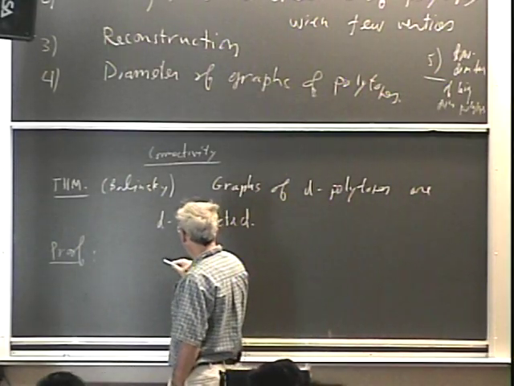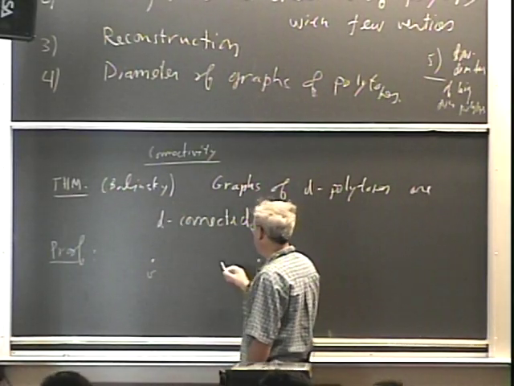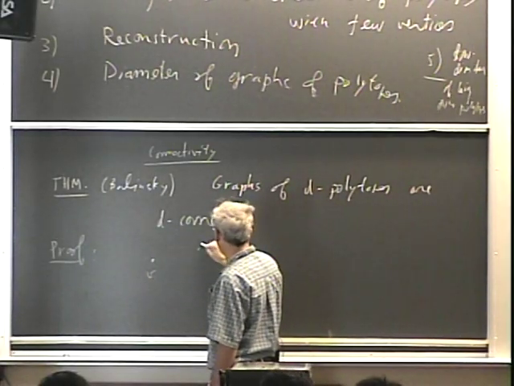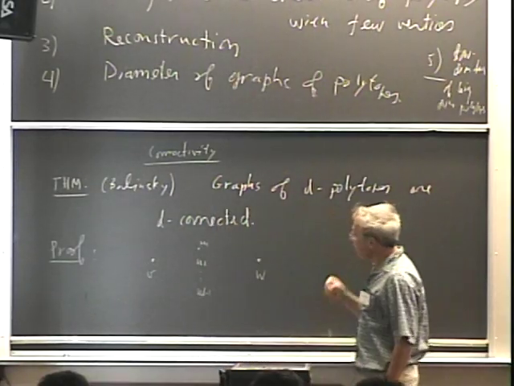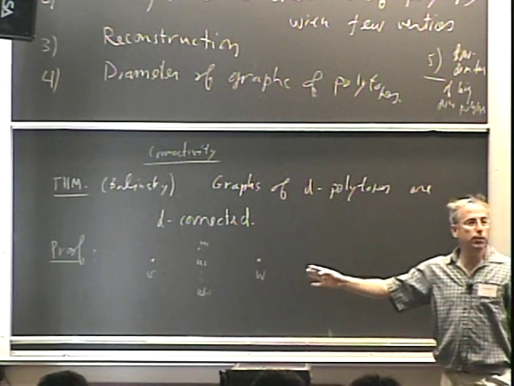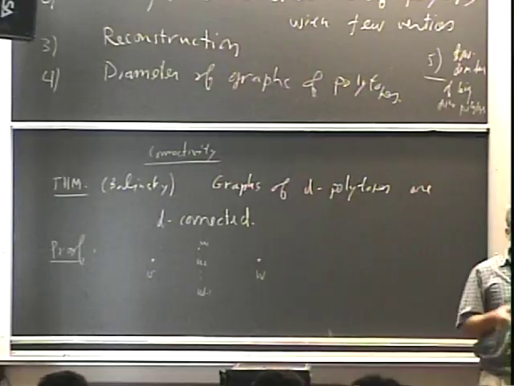So we have two vertices, V and W, and we have here these d-1 other vertices, let's call them U1, U2, up to U_{d-1}. Now, if these are all the vertices of the polytope, if the polytope has only d+1 vertices in dimension d, then this polytope is a simplex.